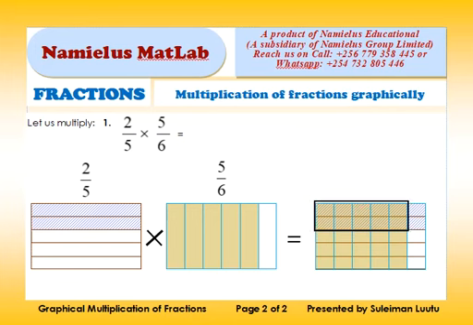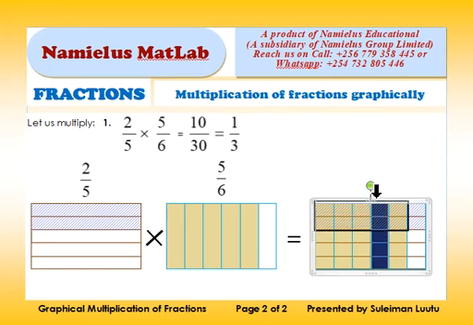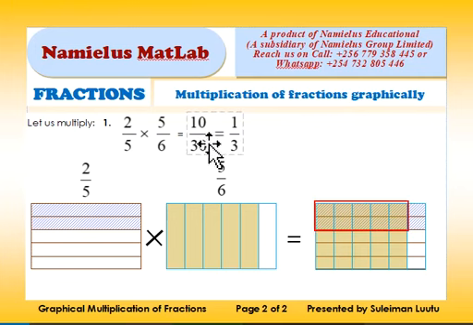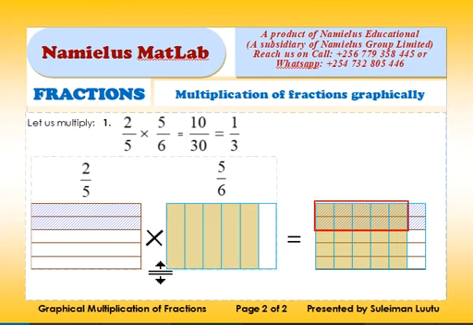So there are 10 squares out of 30, because you see we counted the whole, which was 30. This means we now have 10 out of 30, which is reduced to 1 out of 3. So this is how we do it graphically.